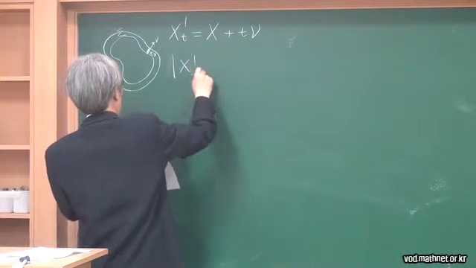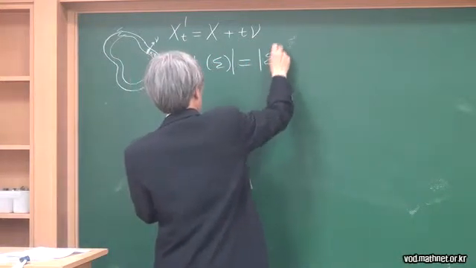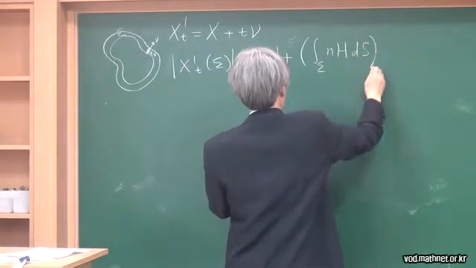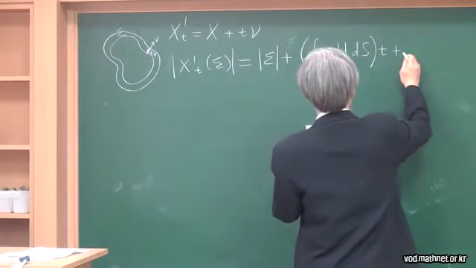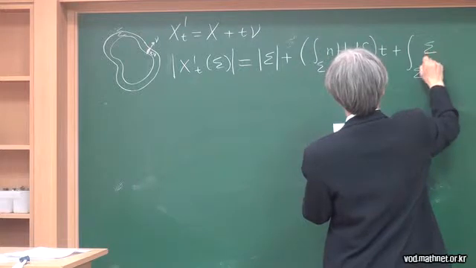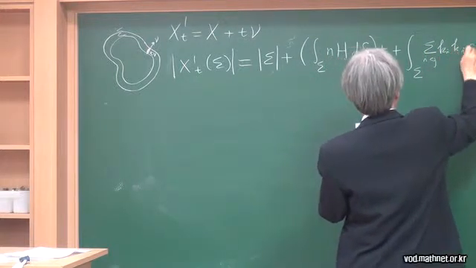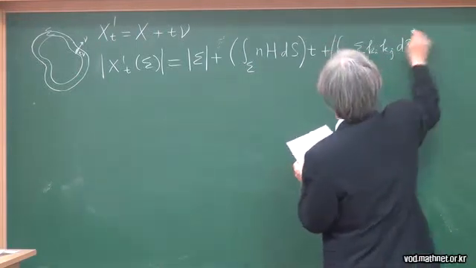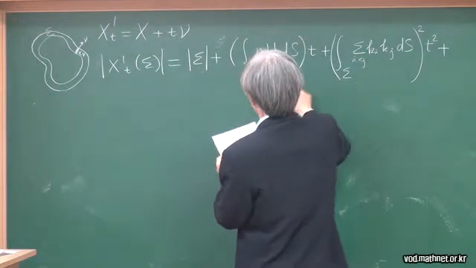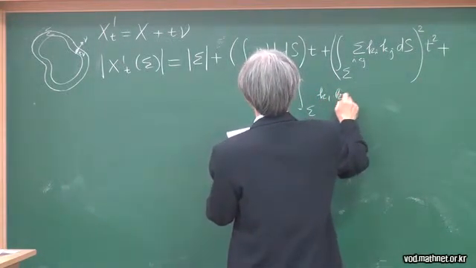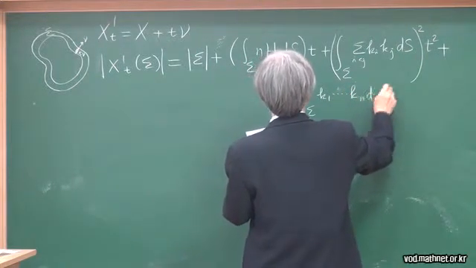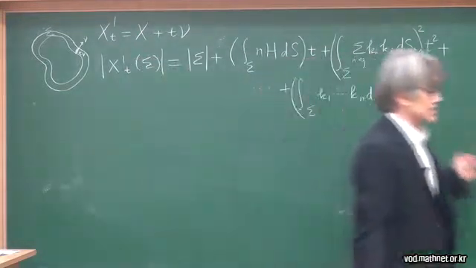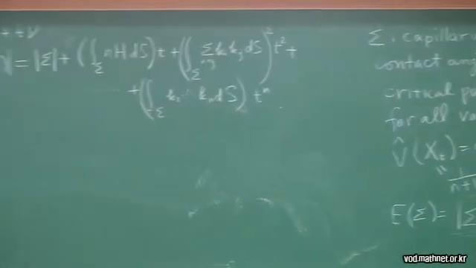The area of sigma_t equals the area of the initial surface sigma plus t plus... So this is a generalization of the sphere area formula, for the parallel surfaces.